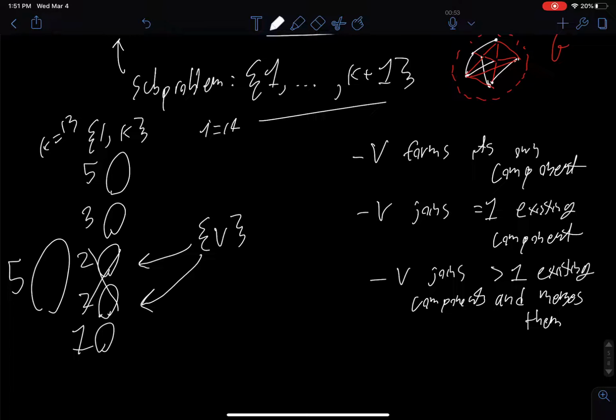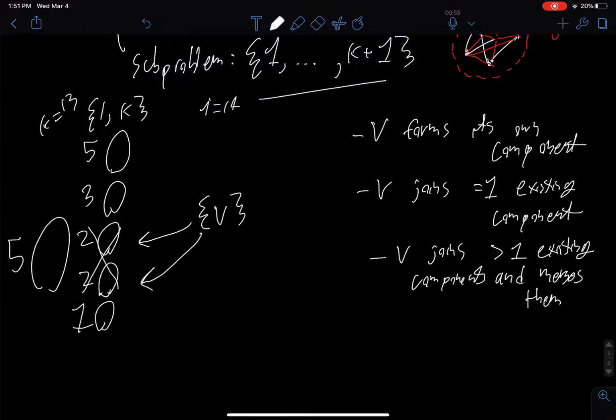In terms of the effect on the number of connected components that we're going to have, this adds 1, this adds nothing, and this is actually going to subtract a certain number from the number of connected components. So these are all 3 cases.